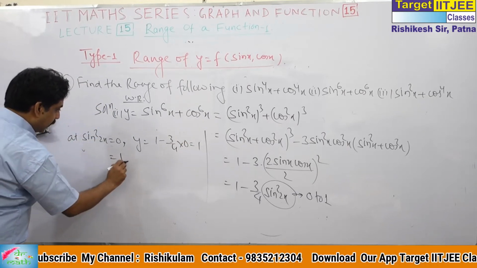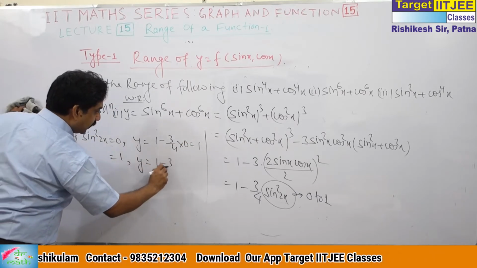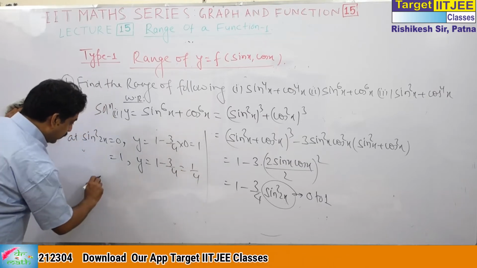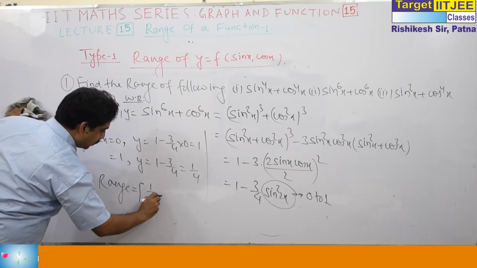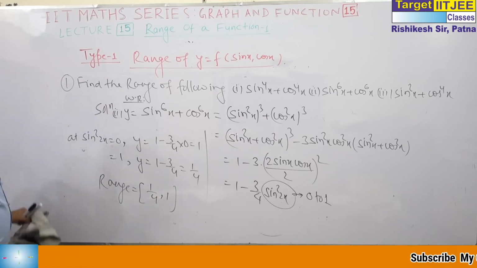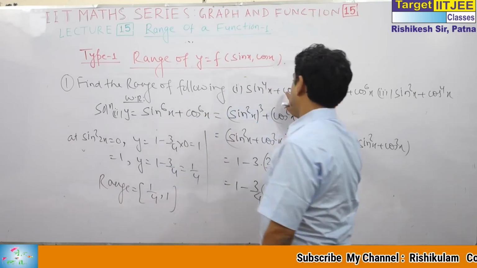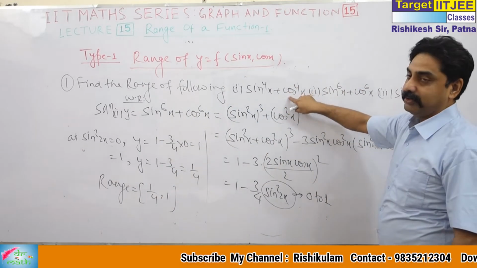At sine square 2x equal to 1, y is equal to 1 minus 3 by 4, which is 1 by 4. So what is the range? The minimum value of y is 1 by 4 and the maximum is 1. You will do the question like this. Its range is 1 by 4 to 1.